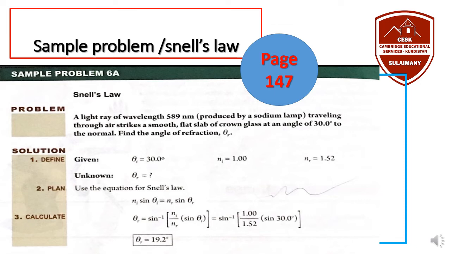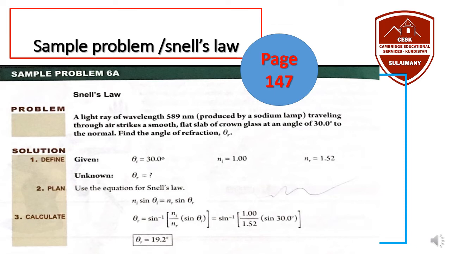In your book, we have table 6.1. In this table, there are many substance indices. Now, when he said from air, so n1 equal 1, this is given, n2 equal 1.52. This is crown glass.